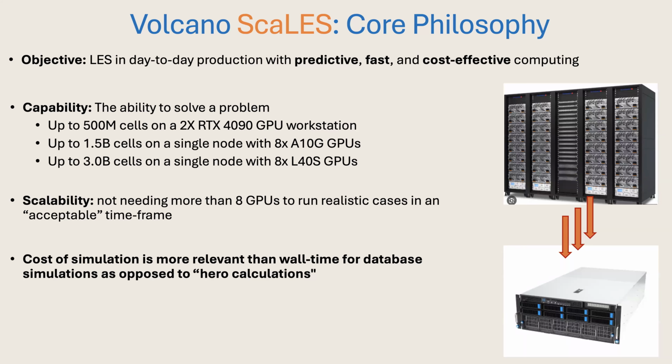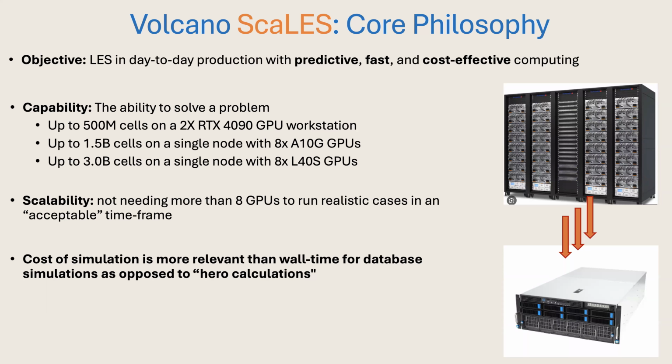So the idea is to make the code fast, so the total GPU hours are as small as possible. If you want to decrease the turnaround time, you can have multiple blocks, but at the end, it's a zero-sum game. Whether you use one node or 10 nodes, total GPU hours are the same.